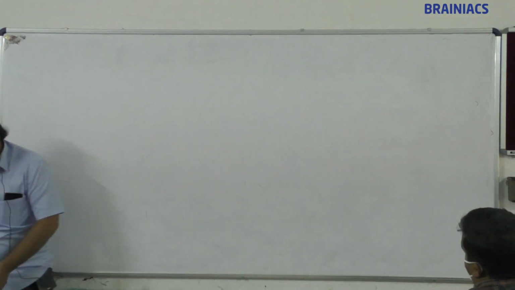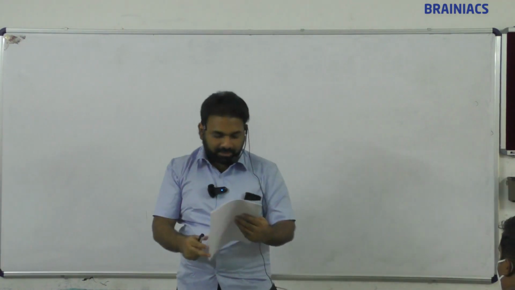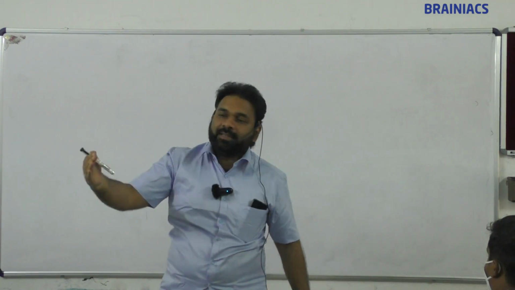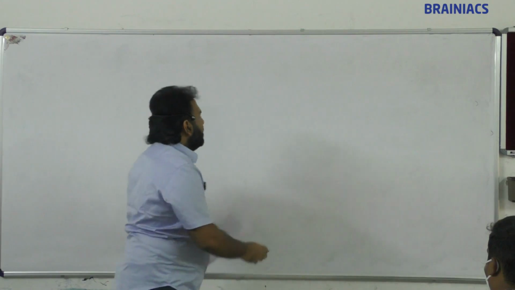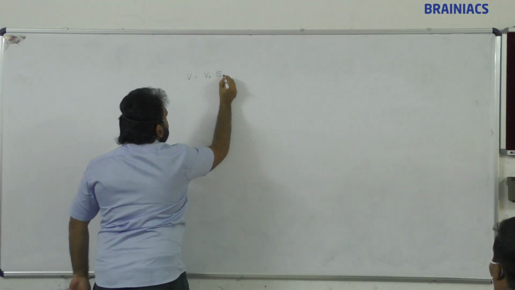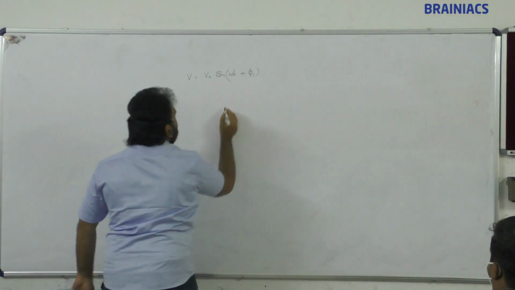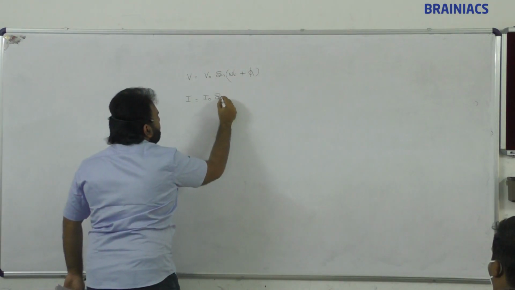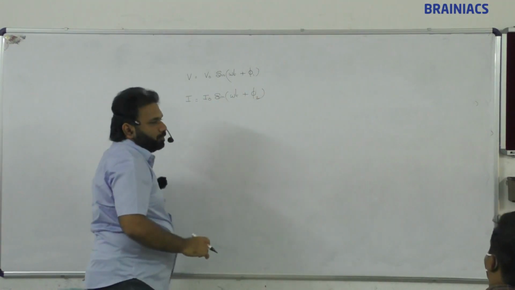Phases. Regarding this, we have studied phase difference also. You know, either phase lead or phase lag. Suppose V is equal to V naught sine omega t plus phi 1, and I is equal to I naught sine omega t plus phi 2.